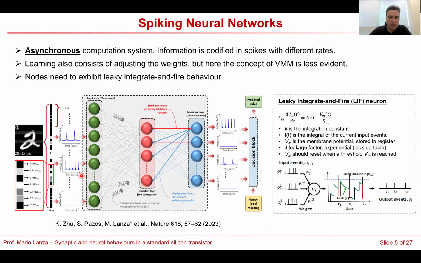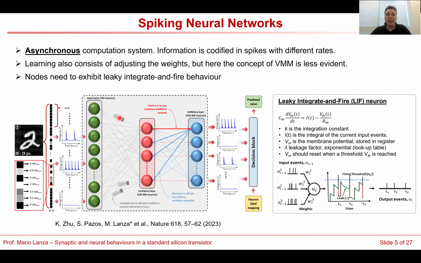So we have the input neurons, to which the data is being introduced, codified with these different frequencies. And then we have some internal layers or hidden layers, and then the output layer. So basically, depending on the combination of the inputs, which are related to the data that we need to recognize, one of these classes in the output layer, one of these outputs will be activated, will be the one that is spiking the most.